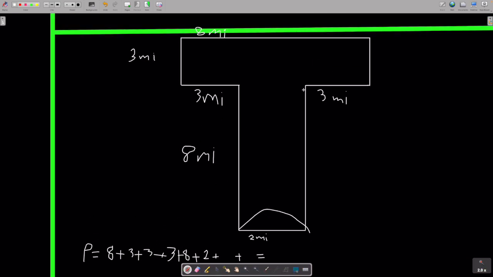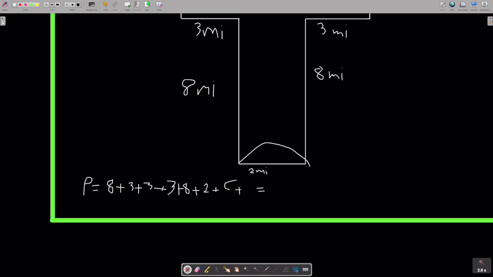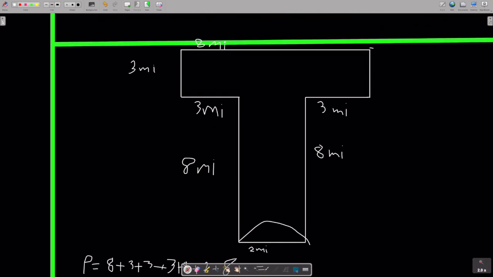And then this one here is exactly the same as this one, which is 8, so the long one here is 8 miles. Let's write 8, and then there's one more missing side, which is this one. It's the exact same as this, which is 3. So let's write 3 miles.